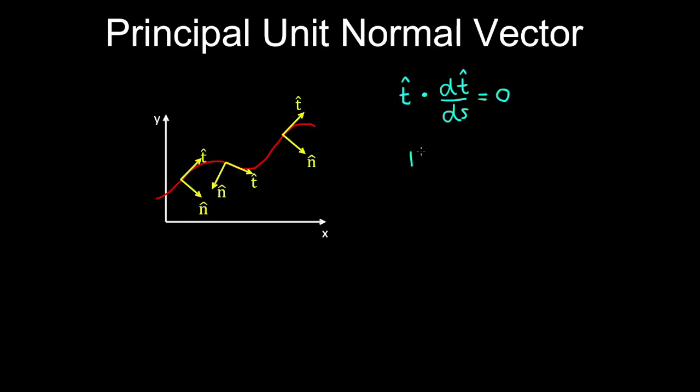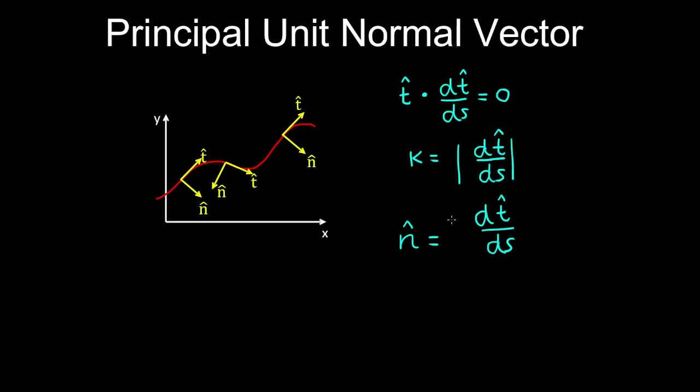Now also recalling that the curvature is the magnitude of the derivative of the tangent vector with respect to the arc length parameter s, then a principal normal vector, which is a unit vector, is equal to dT/ds, being the orthogonal vector to the tangent vector, divided by the magnitude of this vector.